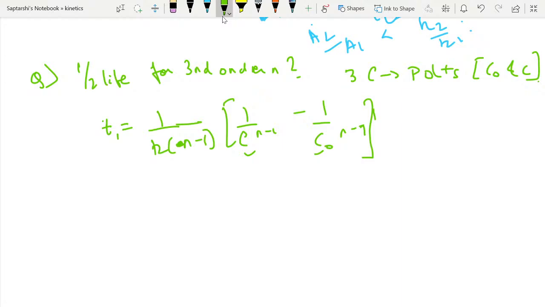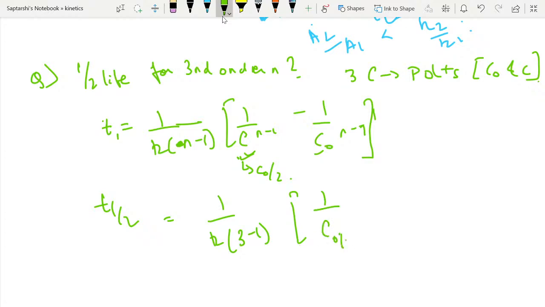So it's given a third order reaction and we need the half-life. Half-life means T half, when your C is becoming C0 by 2, and for third order N is 3. So C0 by 2, N is 3 minus 1. This was C0 and minus 1.